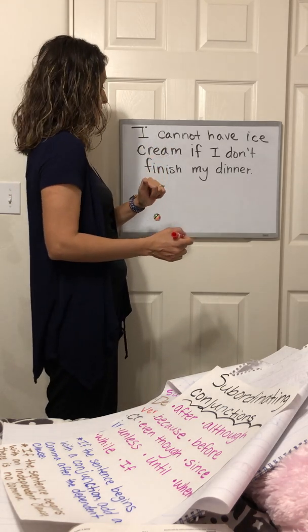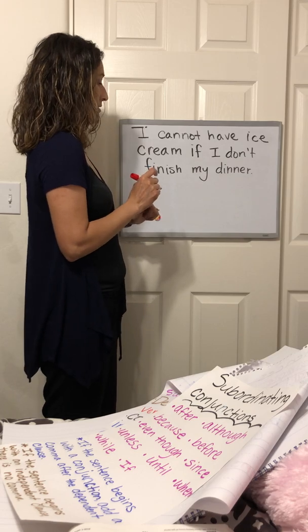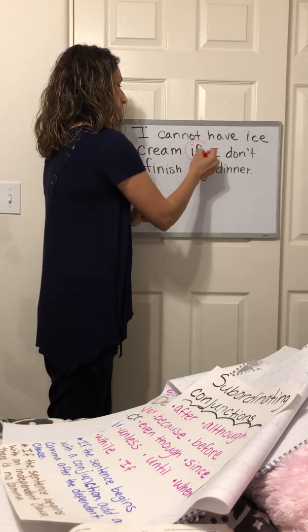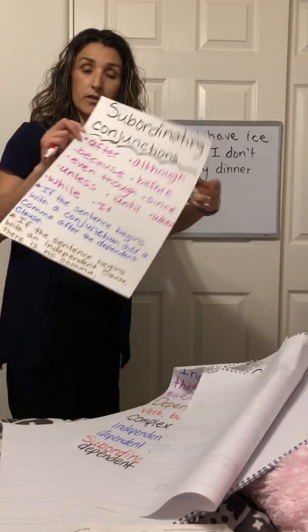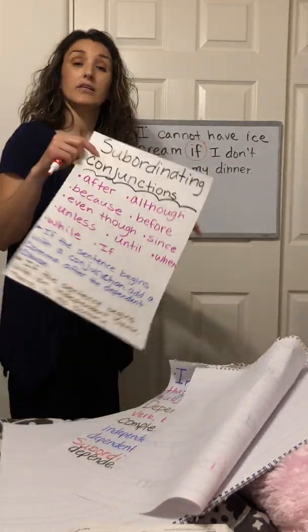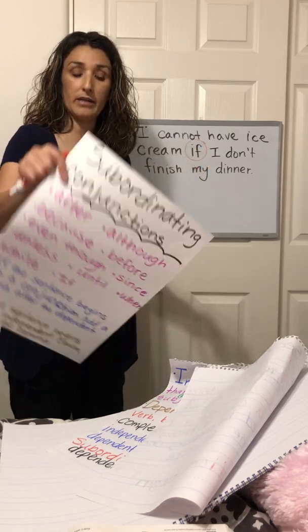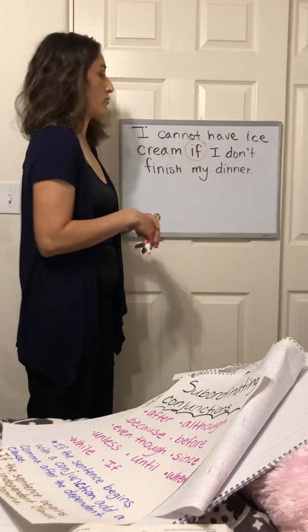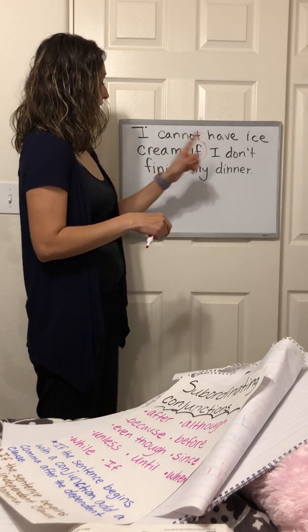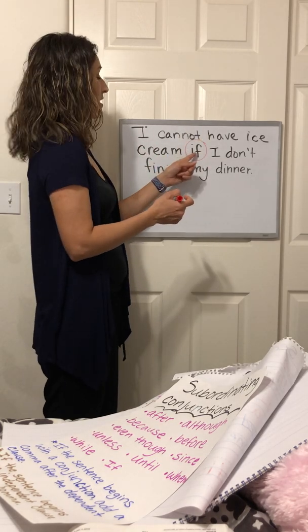So, conjunction: I cannot have ice cream if I do not finish my dinner. I'm gonna circle if, because it's one of the ones that I have on my list. You can also write your notes in your ELA notebook, your green one. I cannot have ice cream if I don't finish my dinner. So that's the conjunction.